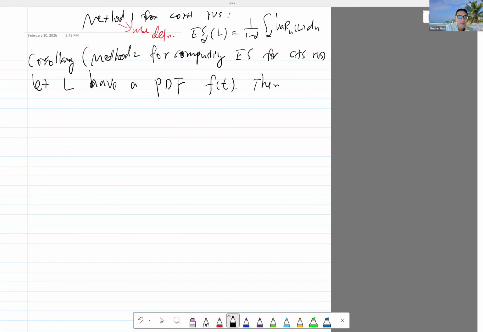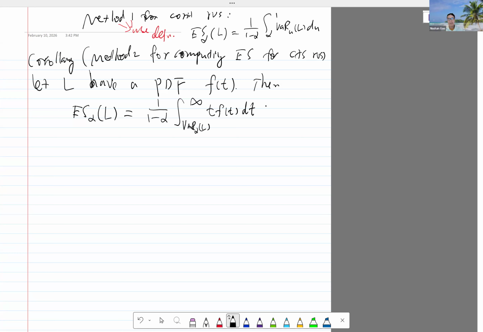Then the expected shortfall alpha of L equals 1 over 1 minus alpha times the integration from value at risk to infinity of t f of t dt.